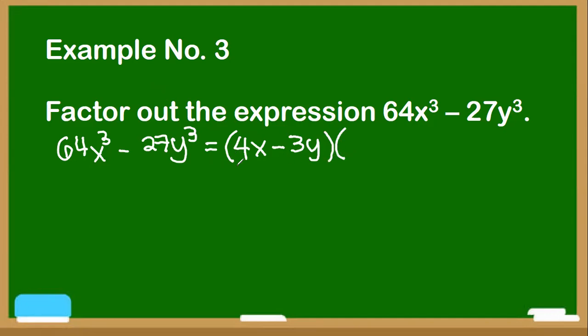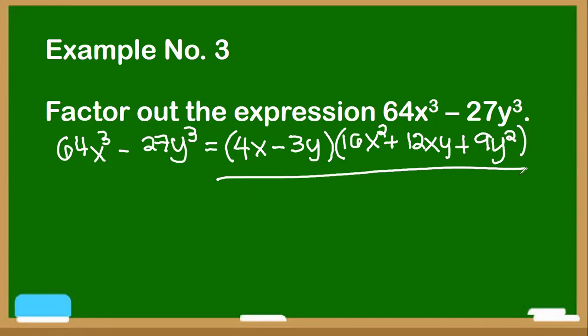Multiply it by the square of the first term, 4x, which is 16x squared. Get the product of 4x and 3y, so this is positive 12xy. Then square the last term, so that's 9y squared. This is our answer for this item.